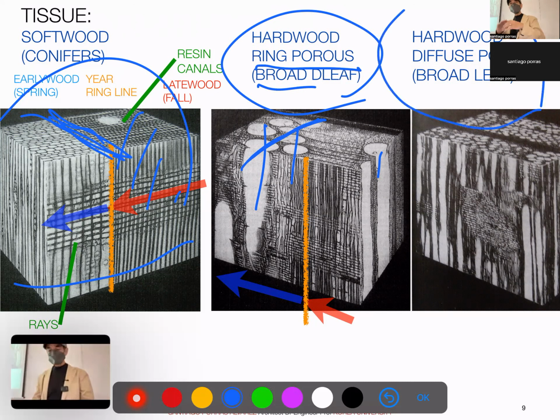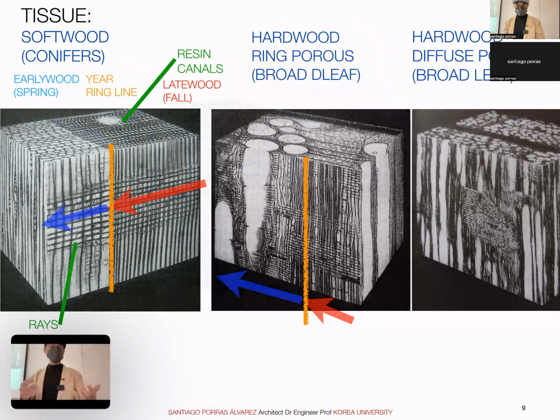And we have a large amount of trees which actually do not show very clearly those year rings. We can see them in the large picture, but it's not a clearly defined line. So this is what allows us at least to distinguish between a softwood and a hardwood, right? Then the specific species, it takes practice to deal with them.